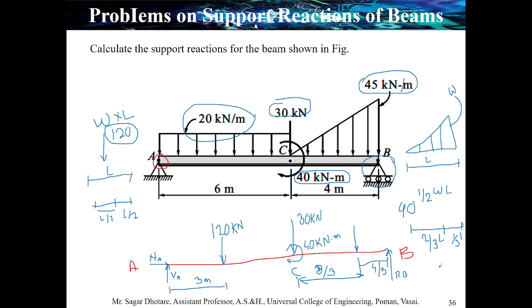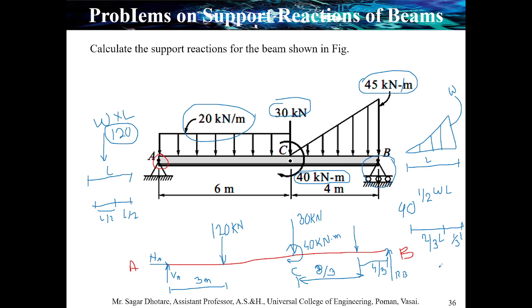In UDL, the direction is downward. So we have converted the total span force acting over 6 meter into a single point force, that is 120 kilonewton, and its location from point A is L by 2. So we have located that one.